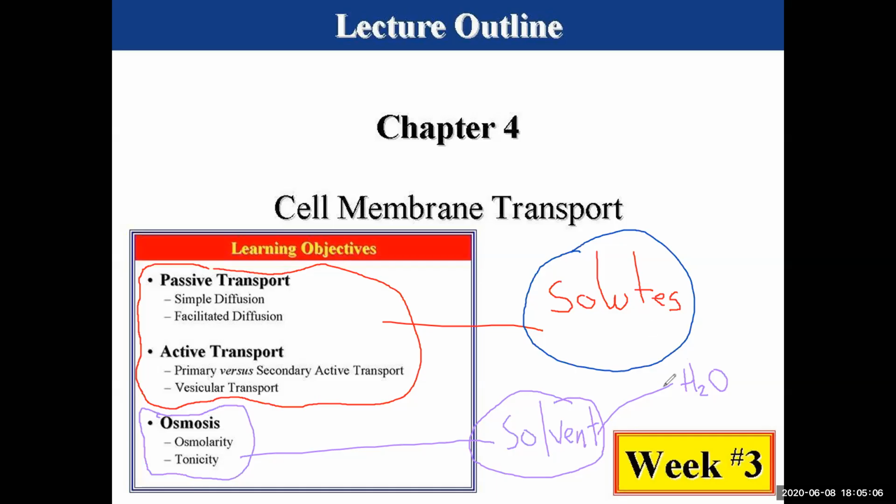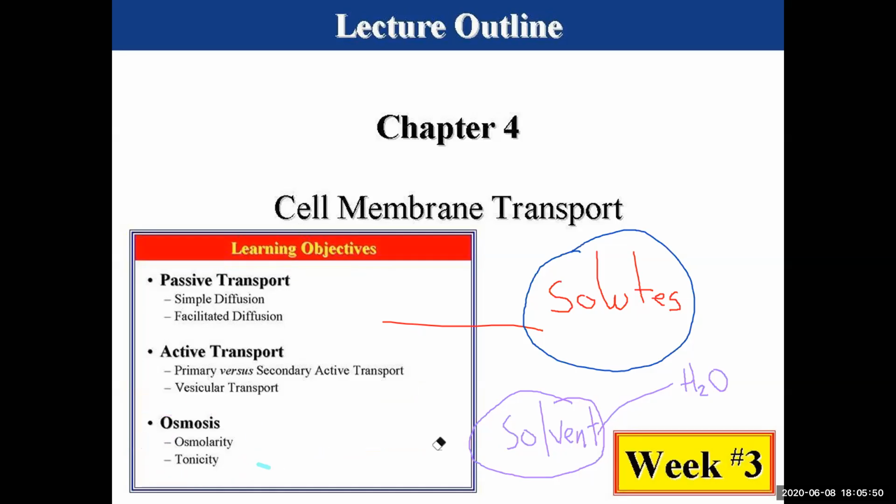So when you are transporting water across the plasma membrane, the process is called osmosis. And when you're transporting solutes, then you can have all other mechanisms. That's why I split osmosis from simple diffusion and facilitated diffusion. Because with simple diffusion and facilitated diffusion, we're talking about transporting solutes. When we transport water, it's a different name. Okay? So that's the gist for the lecture for chapter 4.